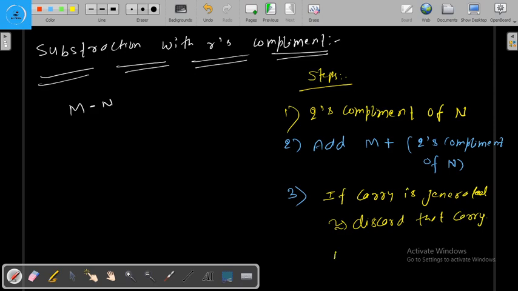And if carry is not generated, what we are going to do is take the... again we have written 2 here. It will not be 2, it will be r.